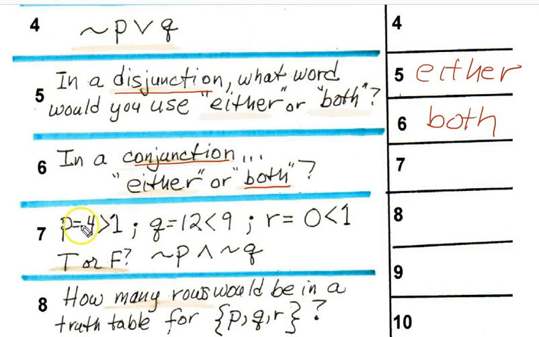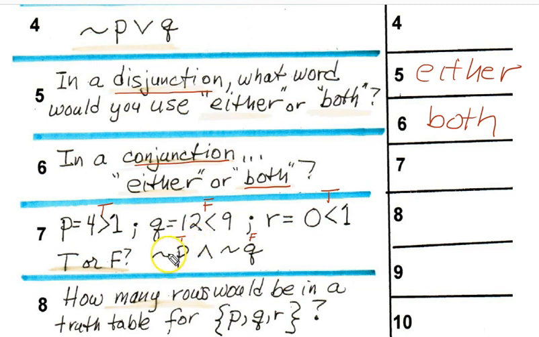All right, now analyzing this. P, as we look at it, is true here. Q is false. R is true. So our P here, we said was true. Our Q here, we said was false. But what are we doing?